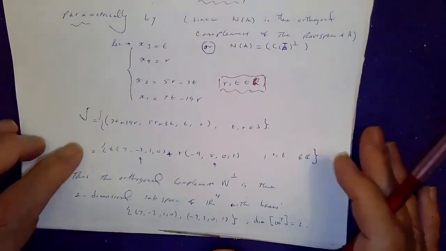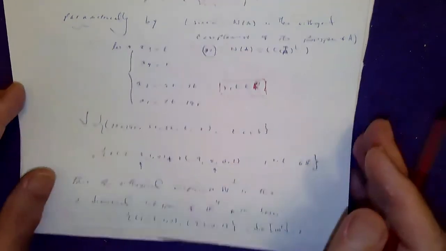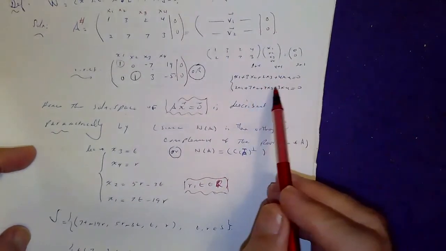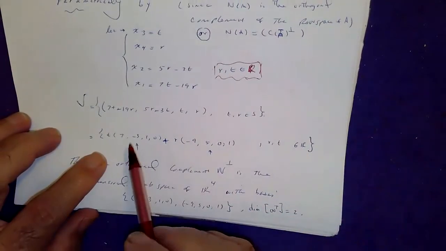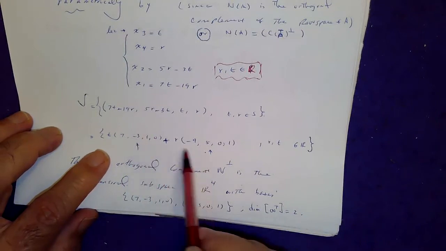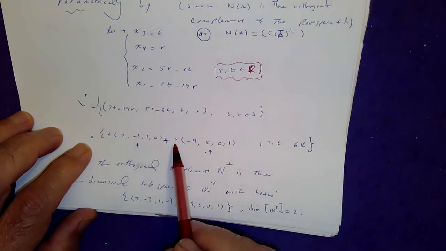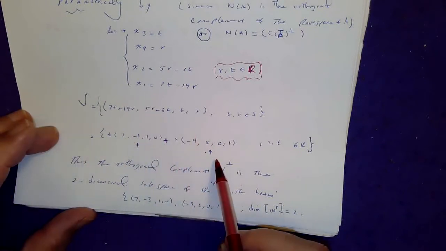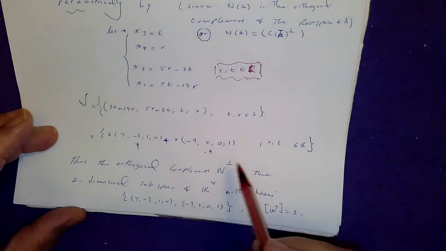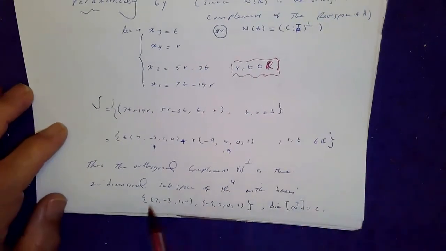So you have infinitely many solutions, and this is how the solutions to this homogeneous system of linear equations look. However, if you rewrite this as a linear combination of these two vectors, simply factor out the t plus factor out the r, you get this. Remember, r and t are any real numbers.